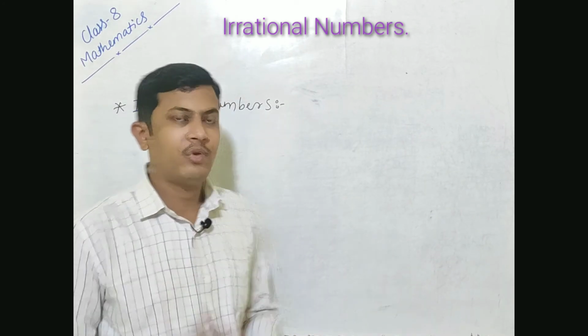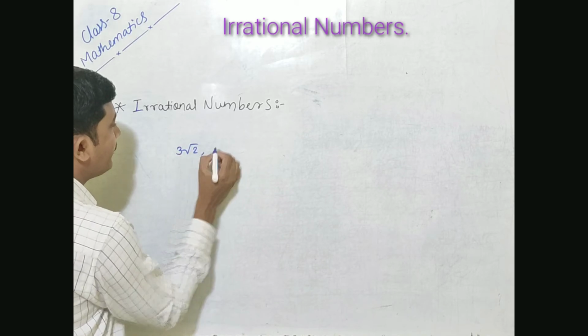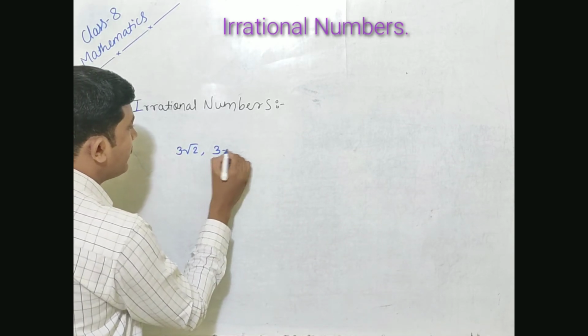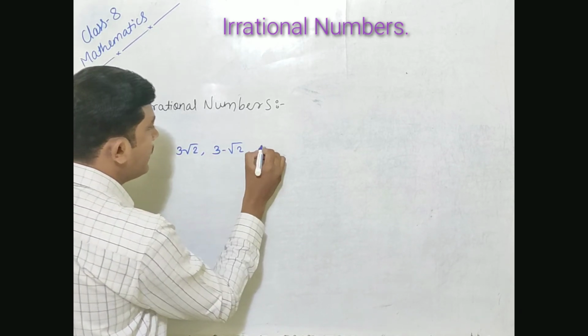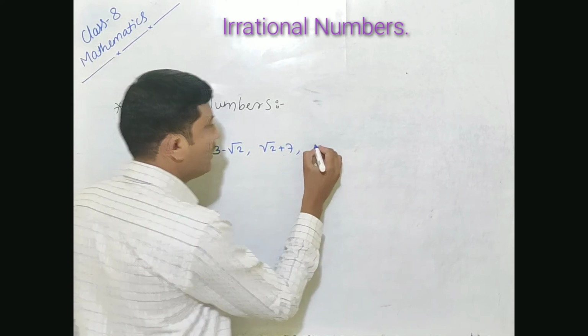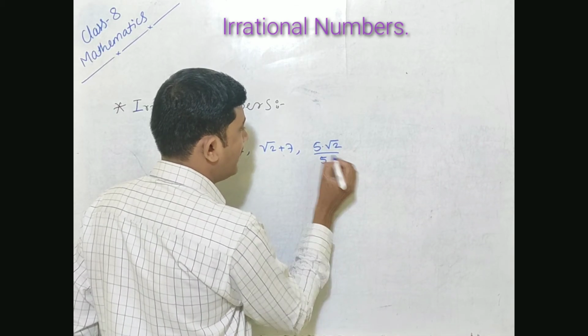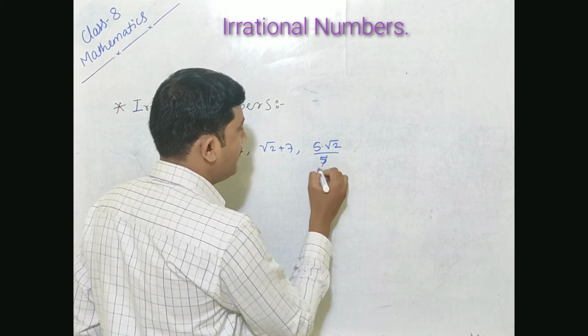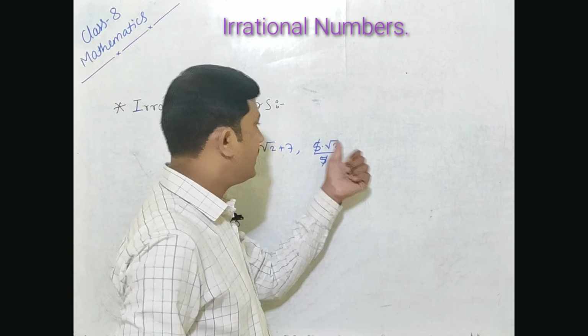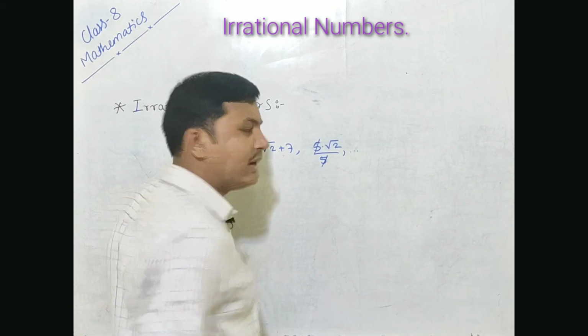Irrational numbers may also be in the form such as 3 root of 2, 3 minus root of 2, root of 2 plus 7, again 5 into root of 2 upon 5, which if we simplify it, again we get root 2, and root 2 is again an irrational number.